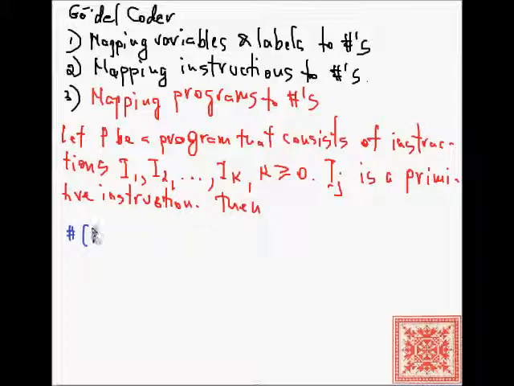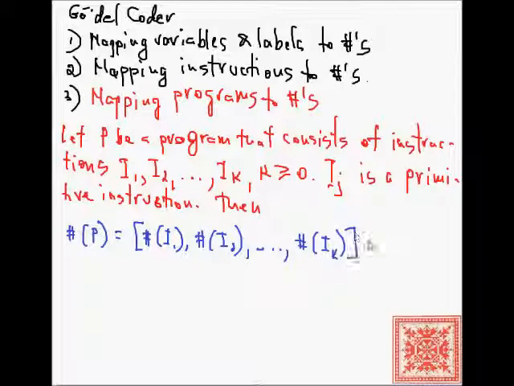Then the number of the program, the number of P, is defined to be the Gödel number of the sequence of the individual instruction numbers: the number of instruction I1, then the number of instruction I2, the number of instruction I3, and all the way up to Ik.